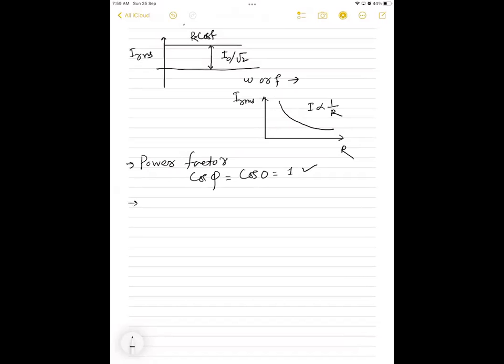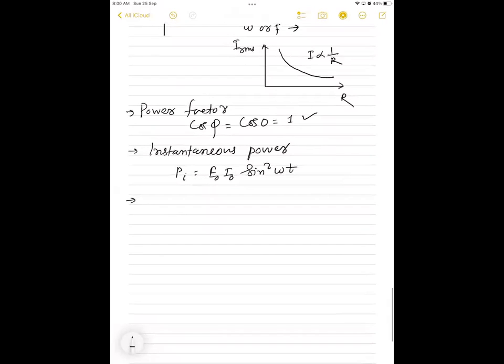And instantaneous power, that is P instantaneous, is equal to E naught I naught sine square omega t, correct? Then average power, over t seconds, that is P average is equal to E RMS I RMS cos phi, correct?